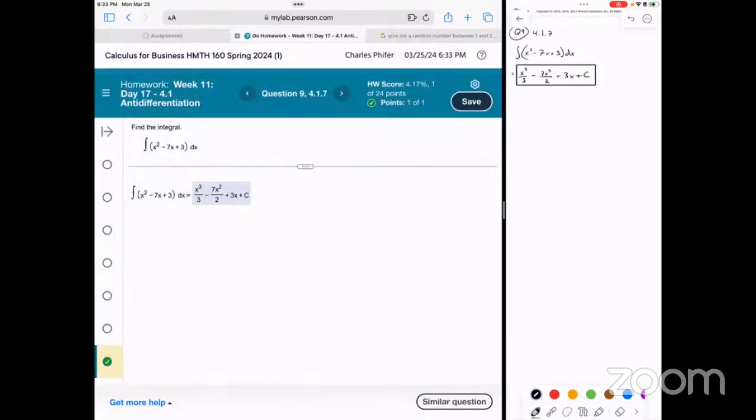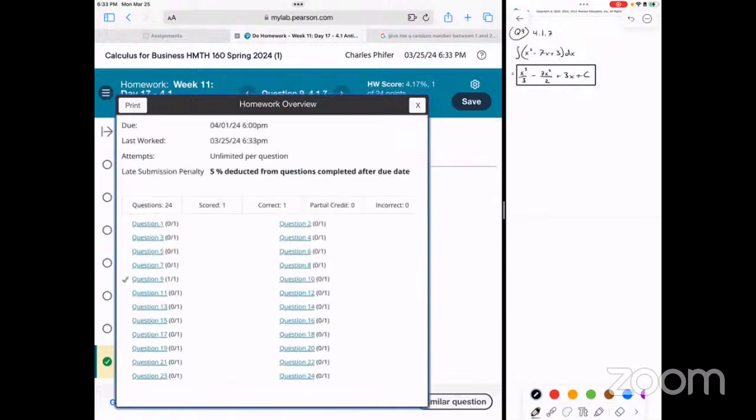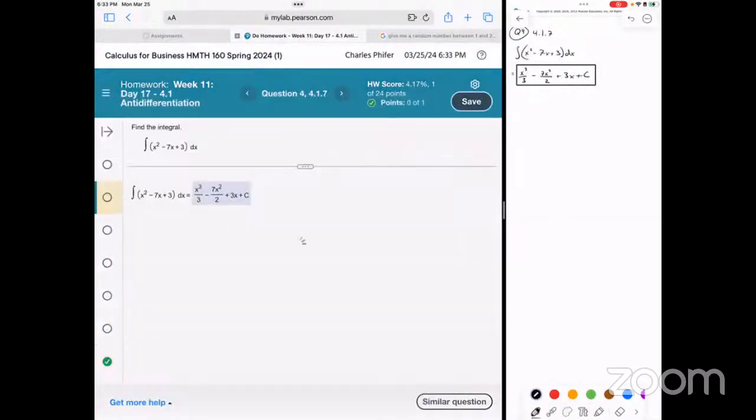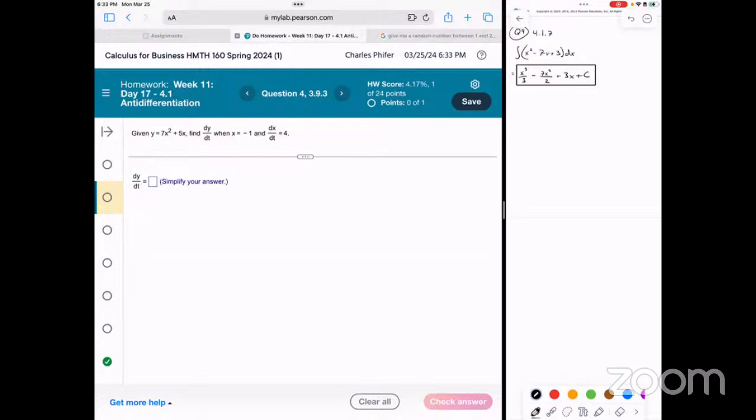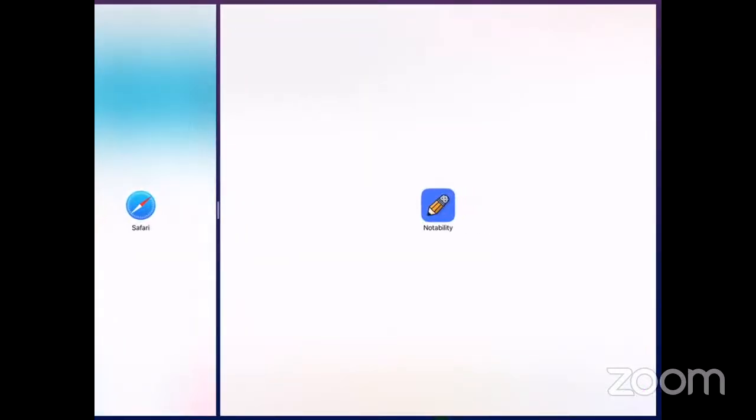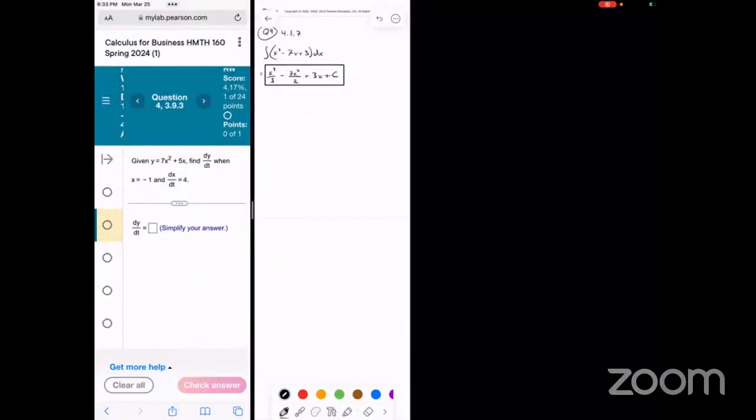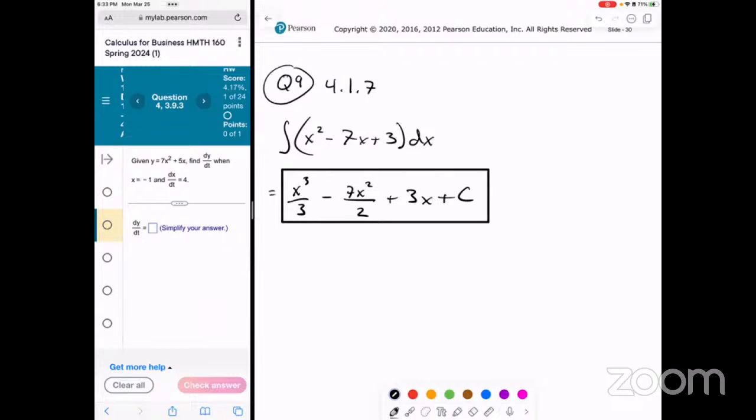Okay. So given this, find dy by dt. Given y in terms of x and x in terms of, well, it's supposed to be x in terms of t, but we'll work with what we have. This is question 4, and it comes from section 3.9, question 3.